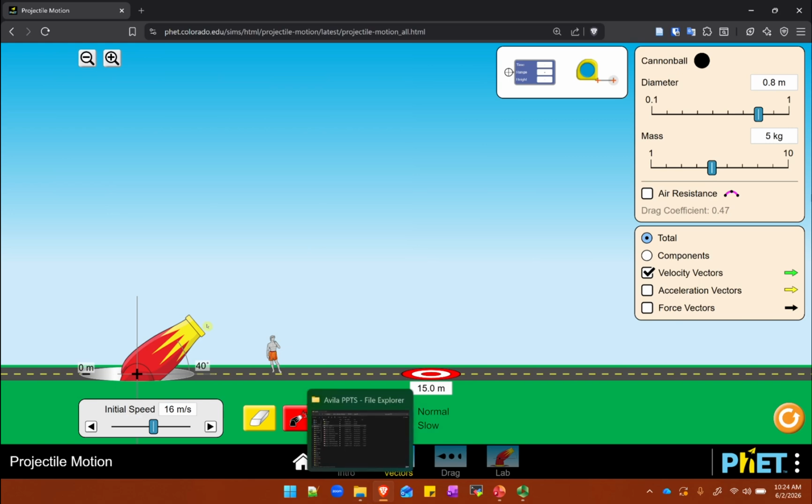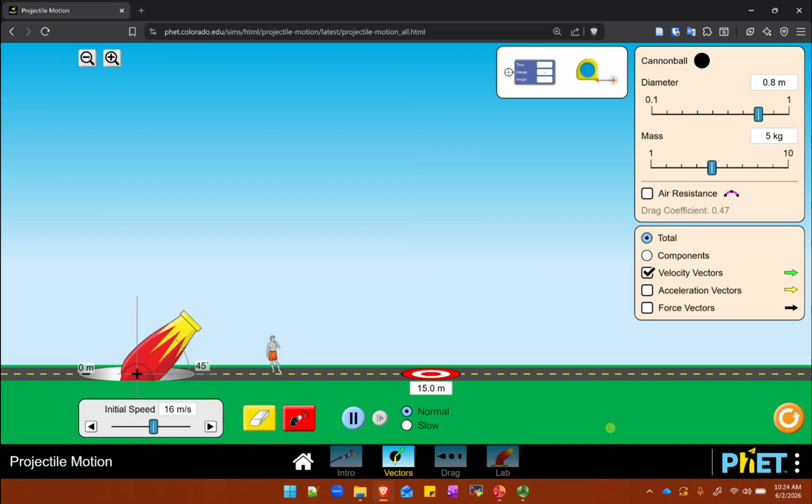All right, so this simulator is a great way for us to look at how velocity changes throughout the motion of 2D projectile motion, right? So if I have this cannon, I shoot a cannonball out, we can see that this object moves in the shape of a parabola, and what we are being shown here, this arrow, is the total velocity vector of this object as it moves through the parabolic motion.